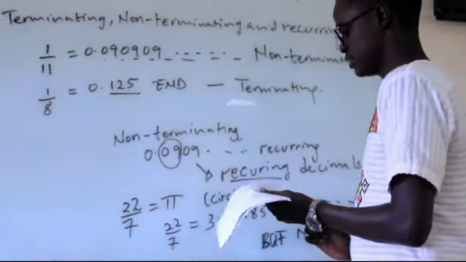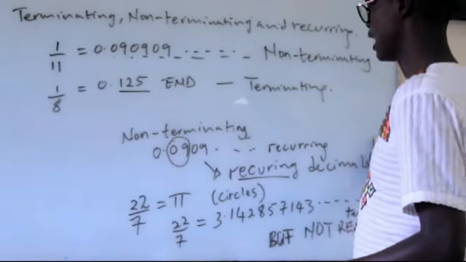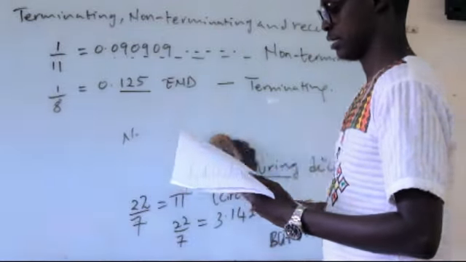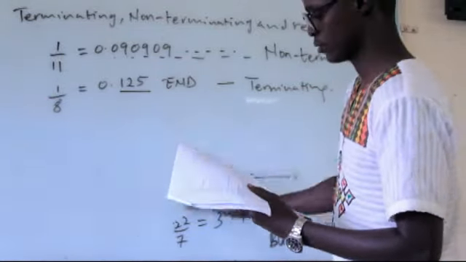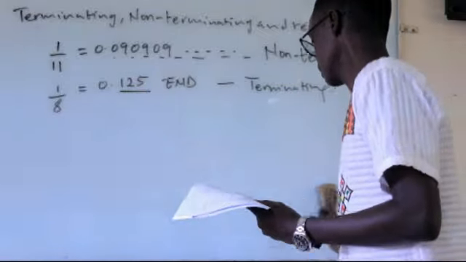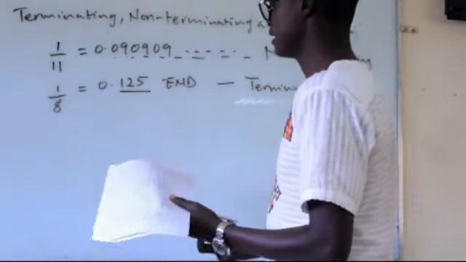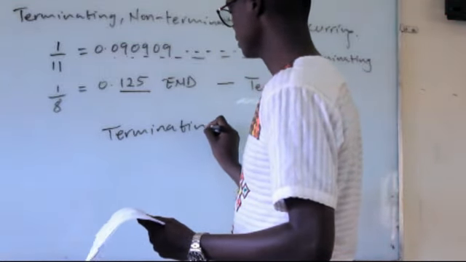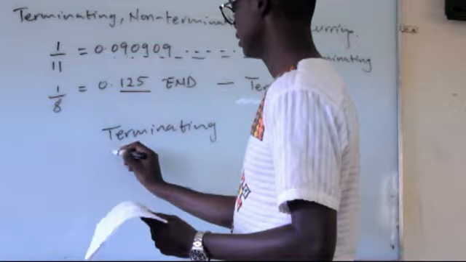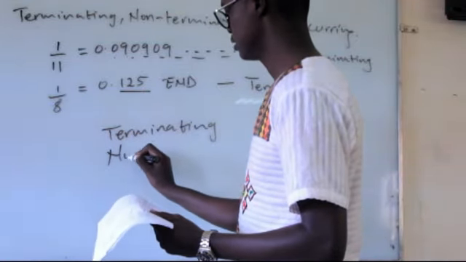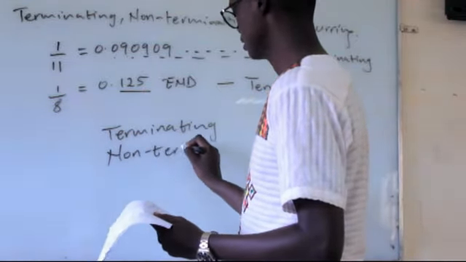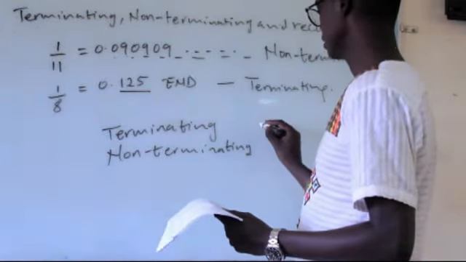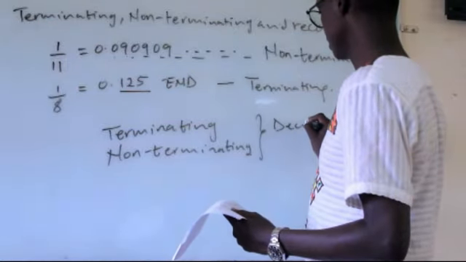So what we observe in this section is that we have three types of decimals: terminating decimals and non-terminating decimals. These are all decimals.